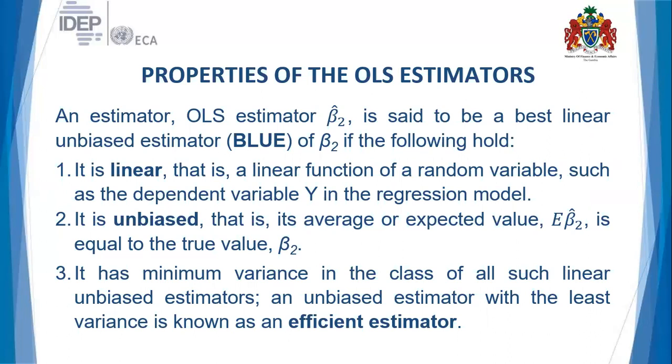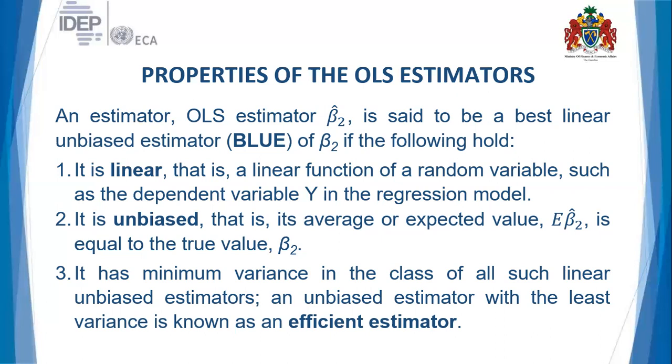Number 1, it is linear, that is, a linear function of a random variable, such as the dependent variable y in the regression model. Number 2, it is unbiased, that is, its average or expected value of beta hat 2 is equal to the true value of beta 2.